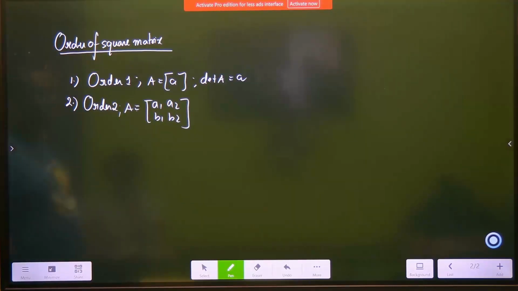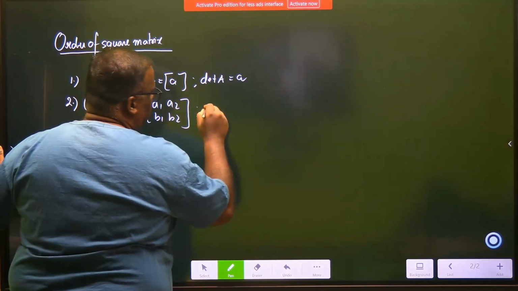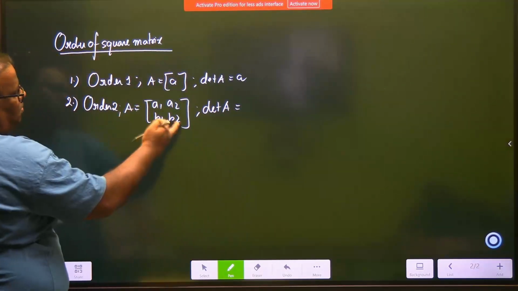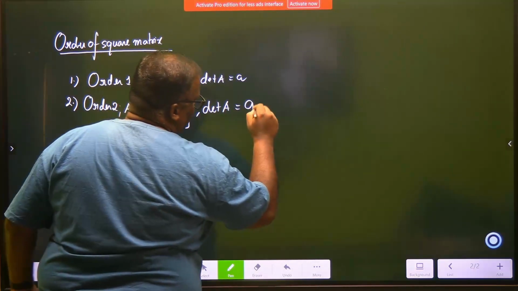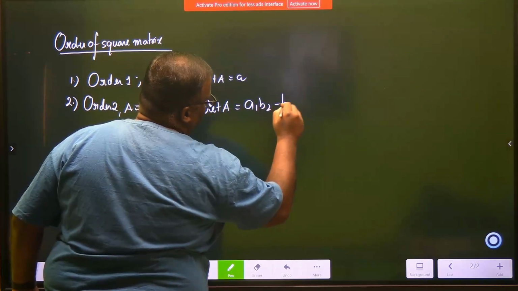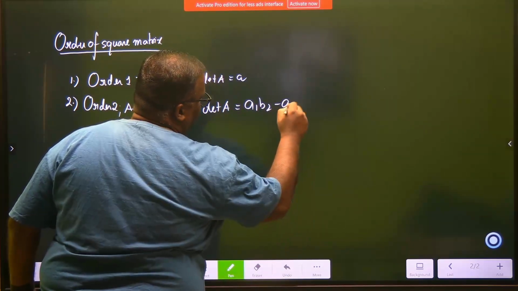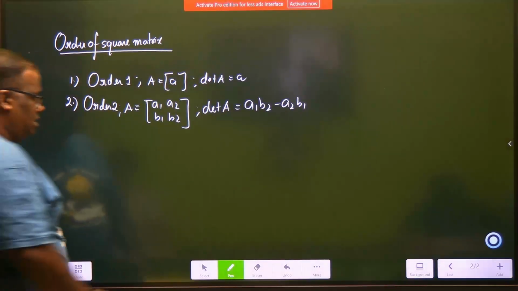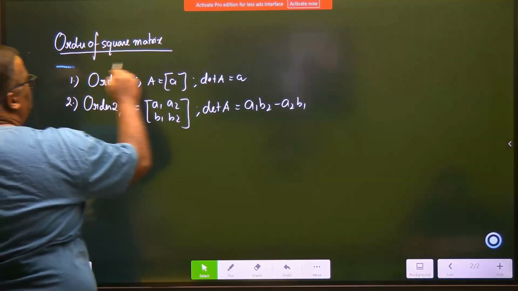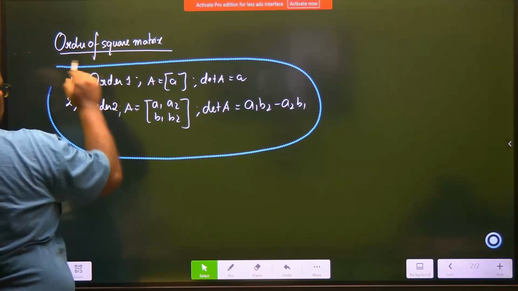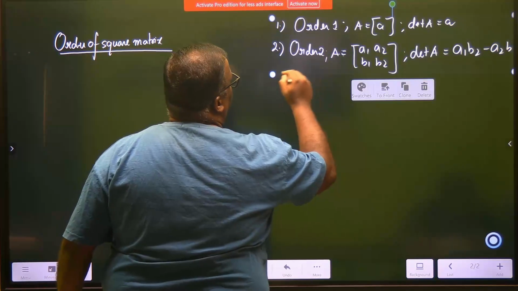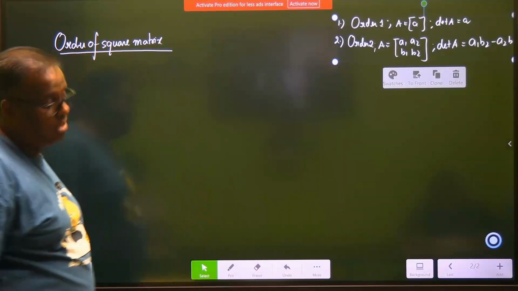Such a matrix, the determinant value will be given by det A, which is you multiply A1 with B2, A1 B2 minus A2 B1. Have you understood these two? And these two are very easy. Hardly anybody will give you problems with these two. They don't eat your head much.